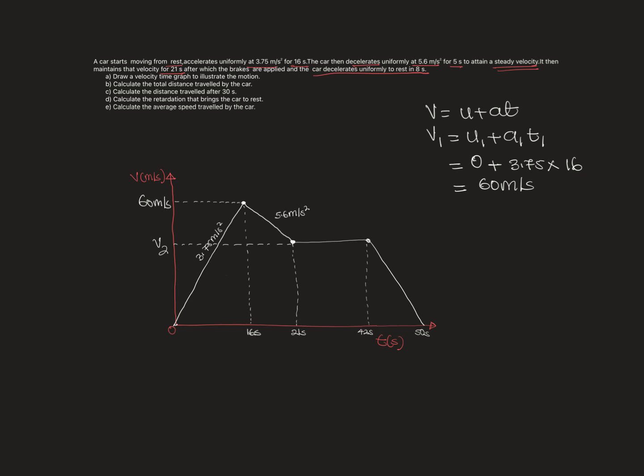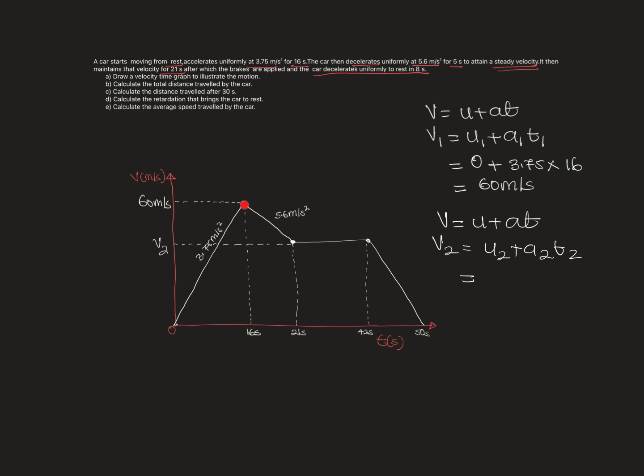All right. So we can still use V equals U plus AT to be able to find V2. Which means V2 equals U2 plus A2 T2. So what is the initial velocity when the body was decelerating?